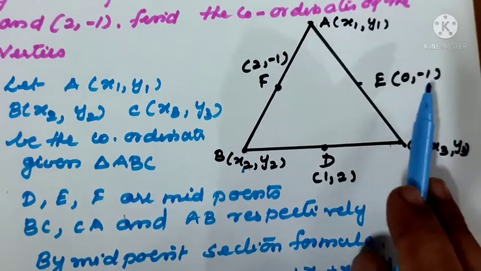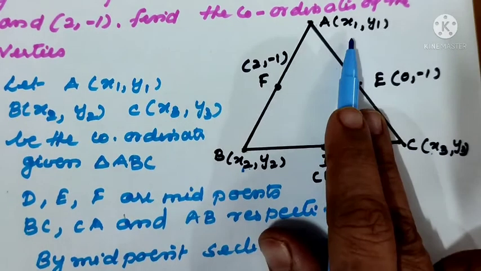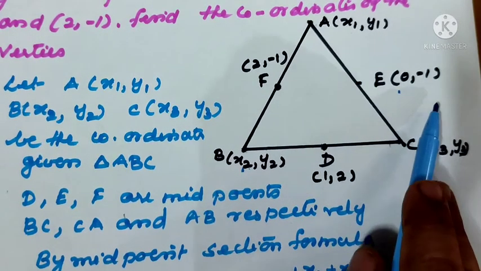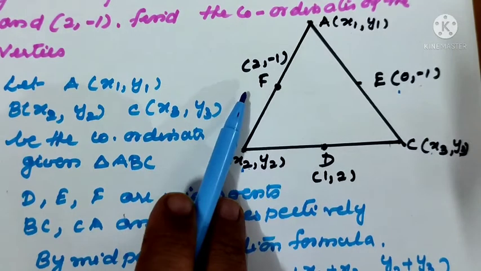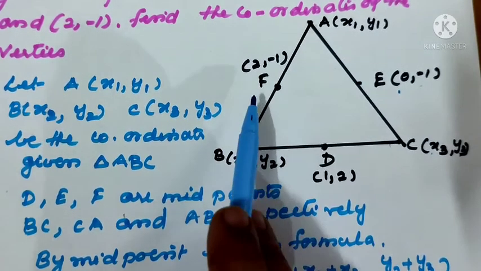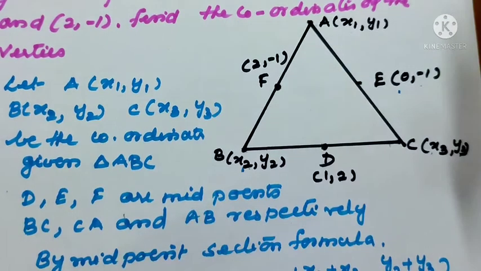For (0, -1), we can write (x3 plus x1) divided by 2 equal to 0, (y3 plus y1) whole divided by 2 equal to -1. Similarly for F, (2, -1), we write (x1 plus x2) by 2 and (y1 plus y2) by 2.